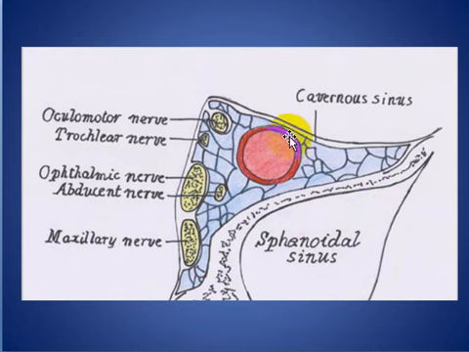Again, this is the internal carotid artery, oculomotor nerve, trochlear nerve, ophthalmic division and maxillary division of the trigeminal nerve, and this is the abducent nerve.